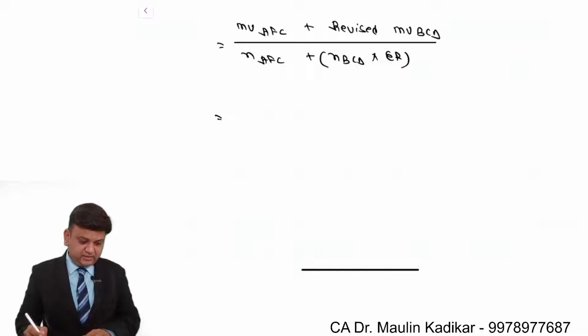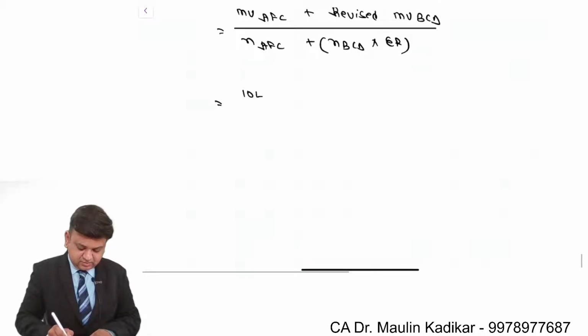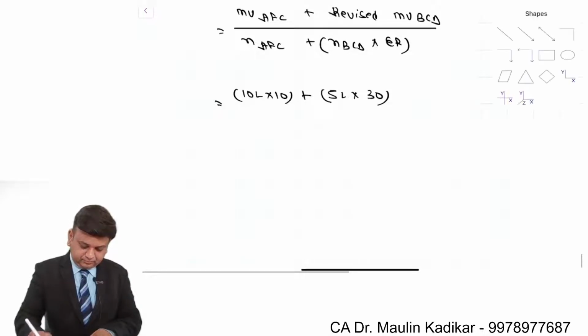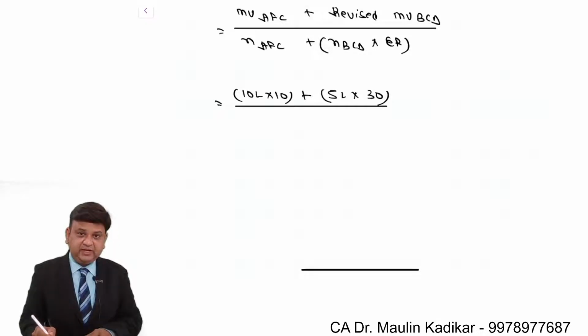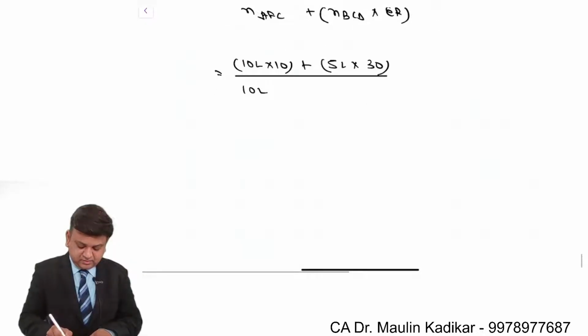In that we understand it is 10 lakhs into 10 plus 5 lakhs into 30, divided by 10 lakhs plus 5 lakhs into 1 by 4.